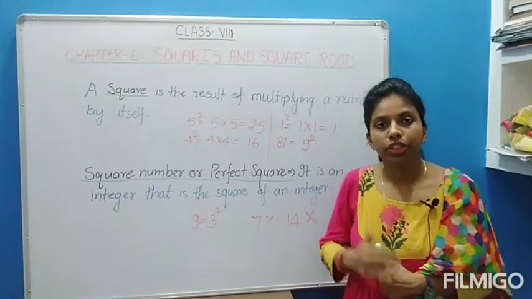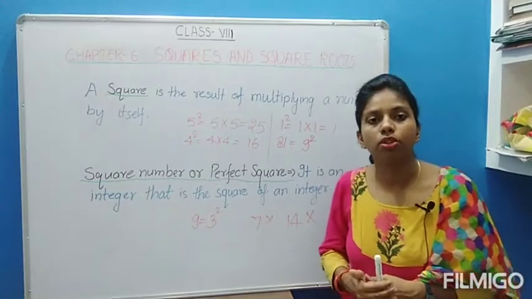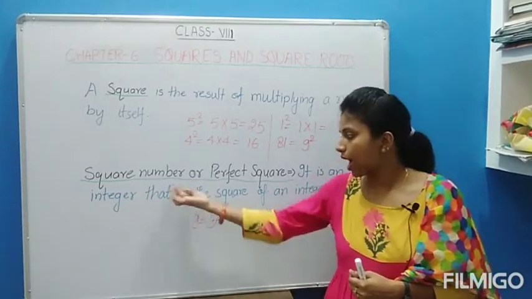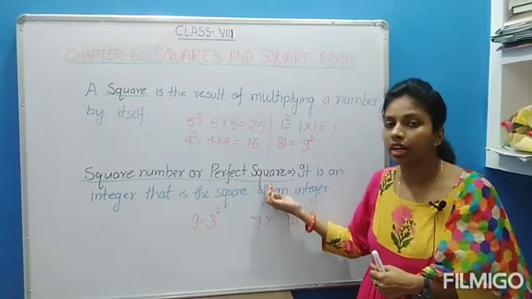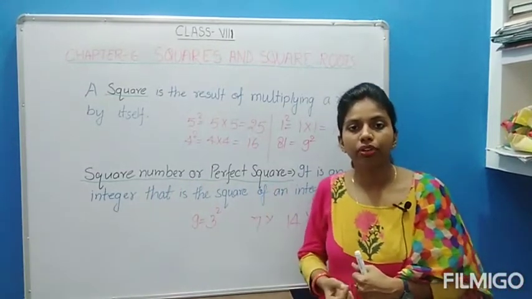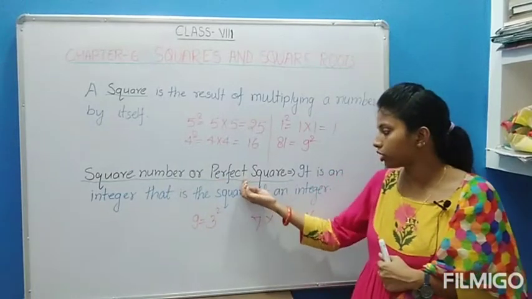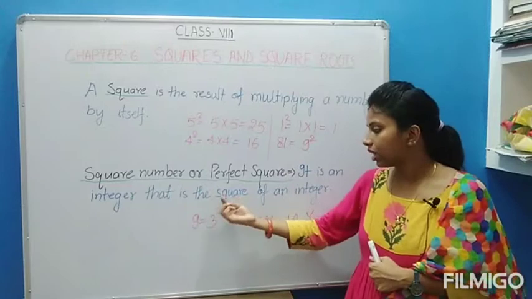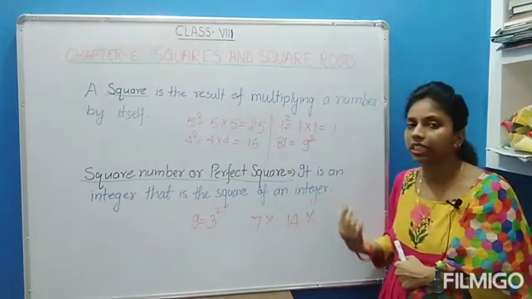Those numbers which can be represented in the form of square of any natural number or integer are called square numbers or perfect squares. We can simply define a square number or a perfect square as an integer that is the square of an integer.